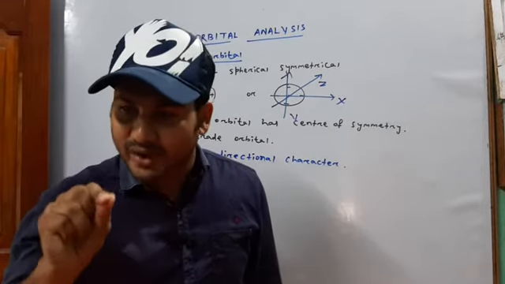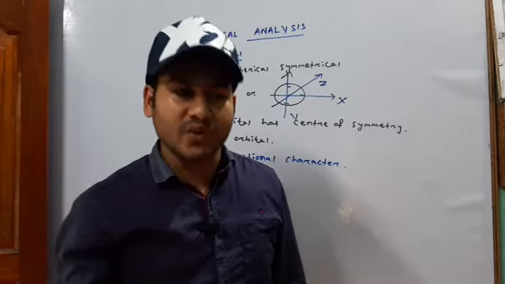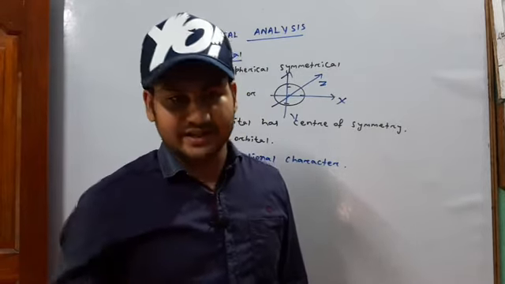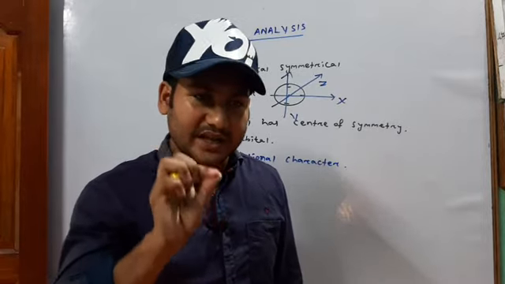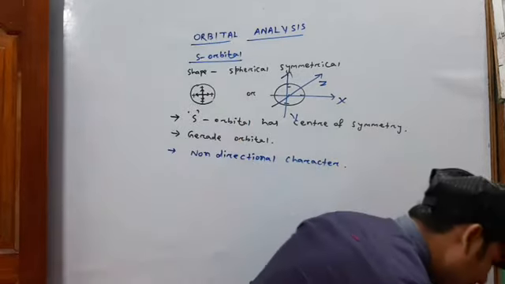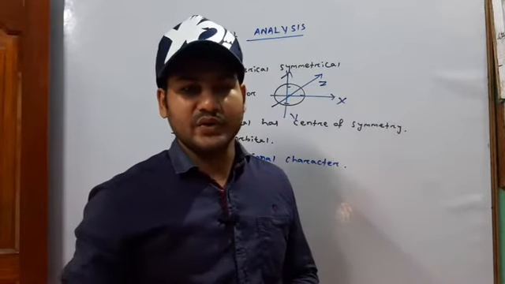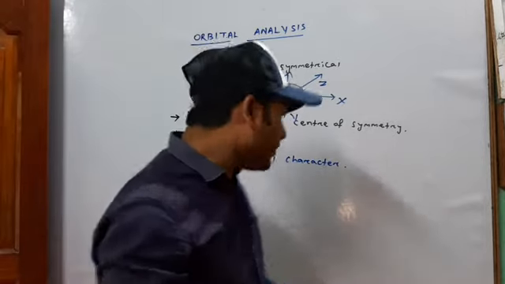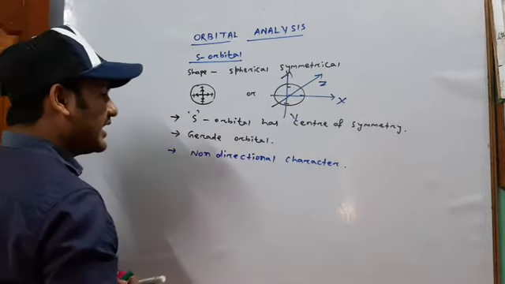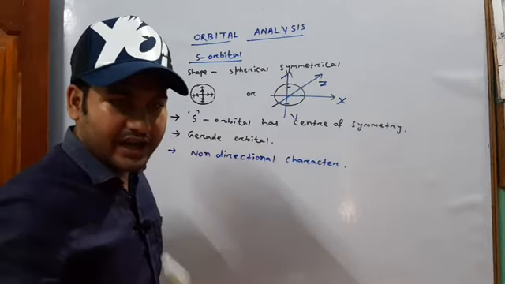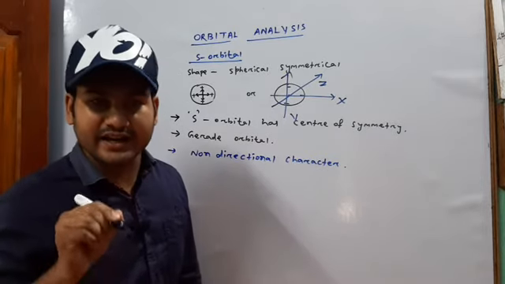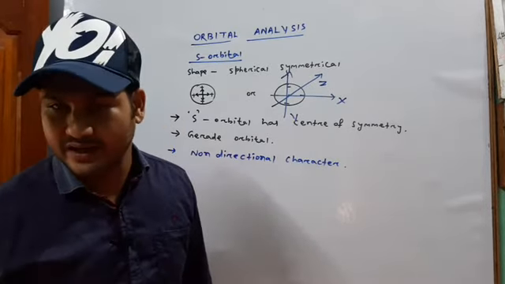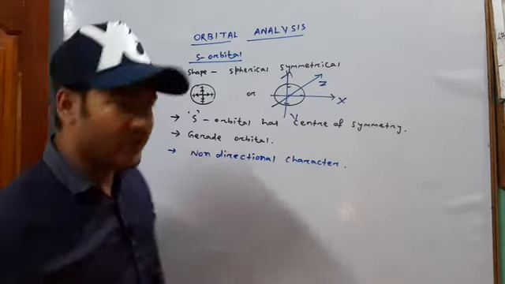The ball has no particular direction; it has x, y and z axes, but a knife has a particular axis. So the knife can penetrate your body, but the ball cannot. So we conclude that the s orbital is non-directional in character and has less tendency to penetrate, less tendency for overlapping.